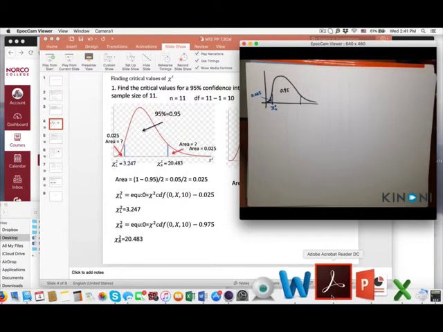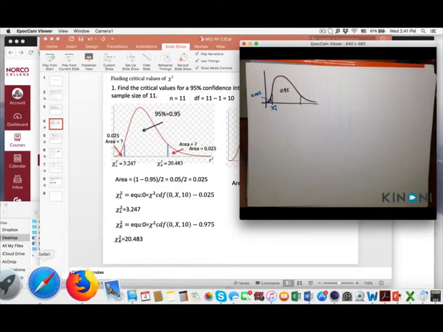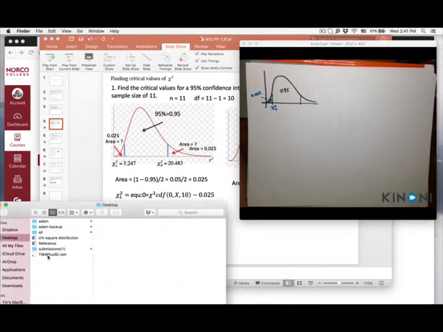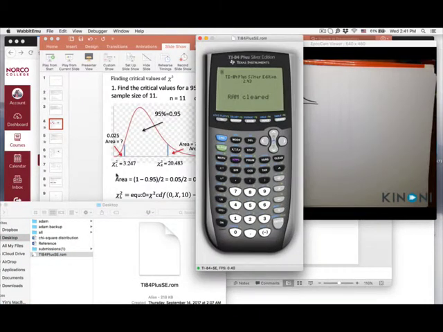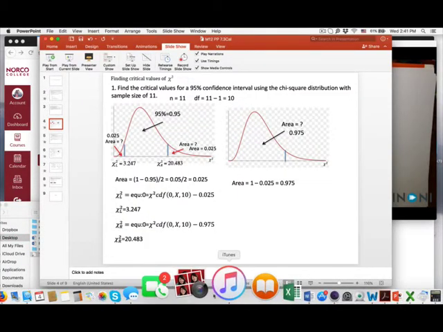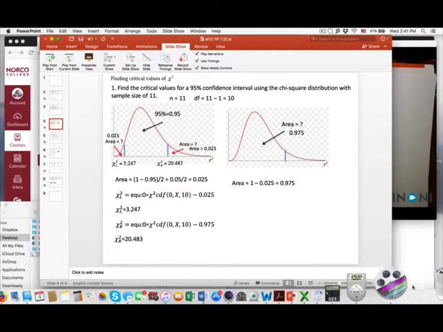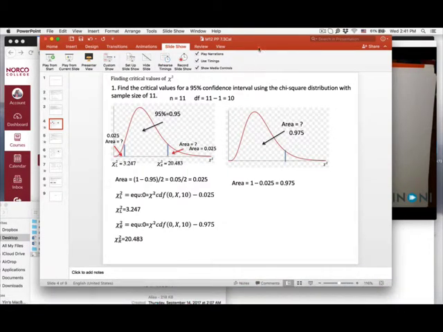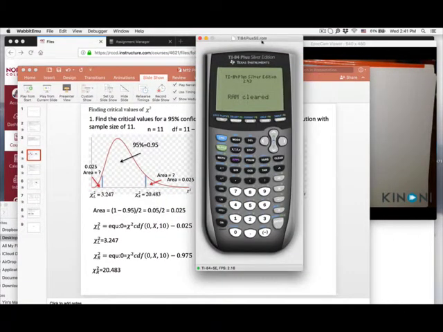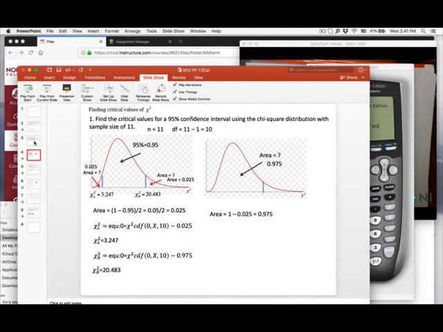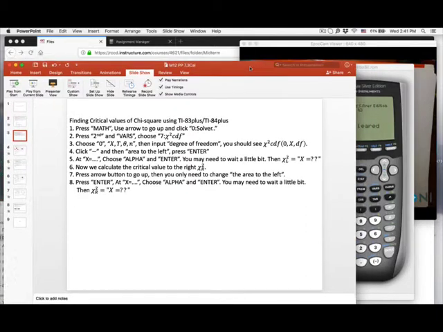So what we're going to do? Get your calculator. Look at the steps here. Let's do it one by one.